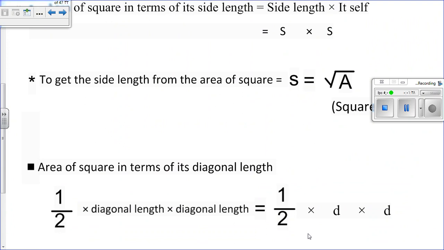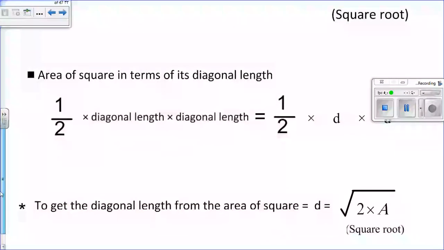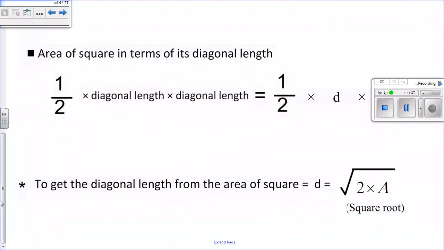Half by D by D. And this is also important: if you have the area and you want to get the diagonal length, diagonal D equals square root of 2 multiplied by area. These are the rules.